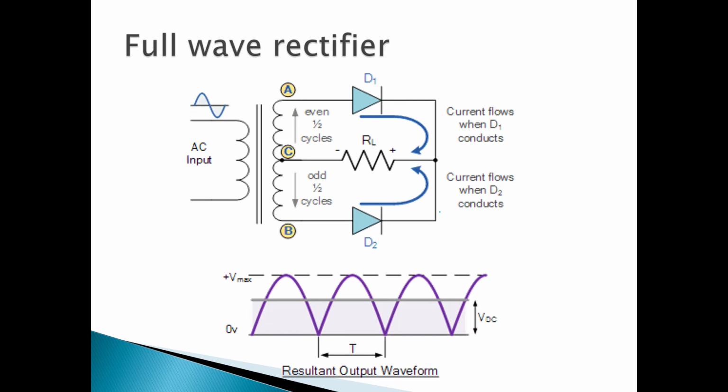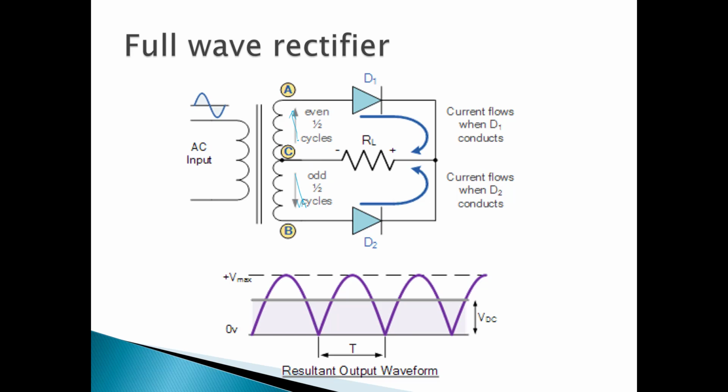Here's one we'll look at next week. Since we just did transformers, this takes advantage of a center tap transformer, Humberto, where we've got a center tap. And remember what happens here now. These two sides, this and this, are 180 degrees out of phase.